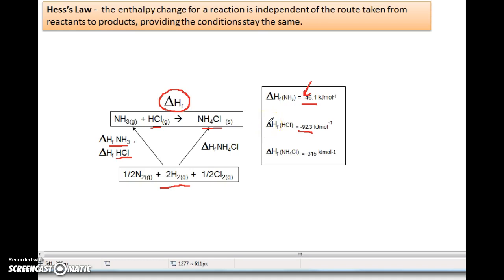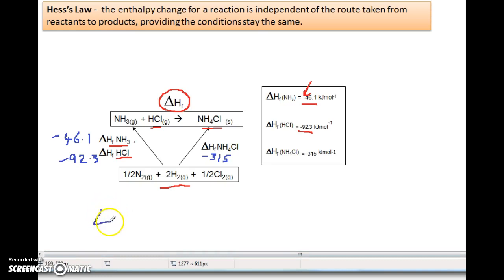So minus 46.1 kilojoules per mole, that was to make the ammonia. I'll leave out the units here. To make 1 mole of HCl, that would be minus 92.3. So on the other side we've got minus 315 kilojoules per mole to get from the elements to the ammonium chloride.